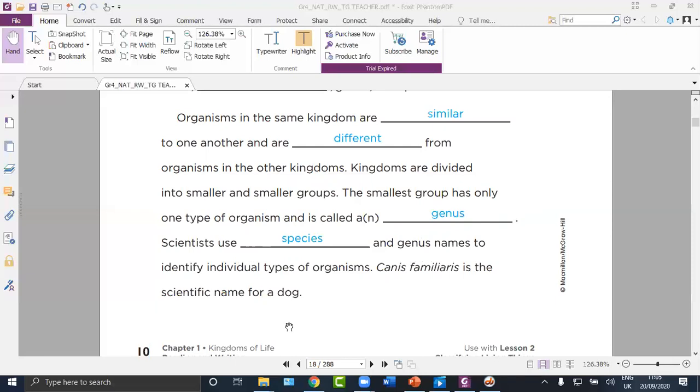Transfer the answers to your workbook. Muhammad Yahya, have you transferred the answer to your workbook?